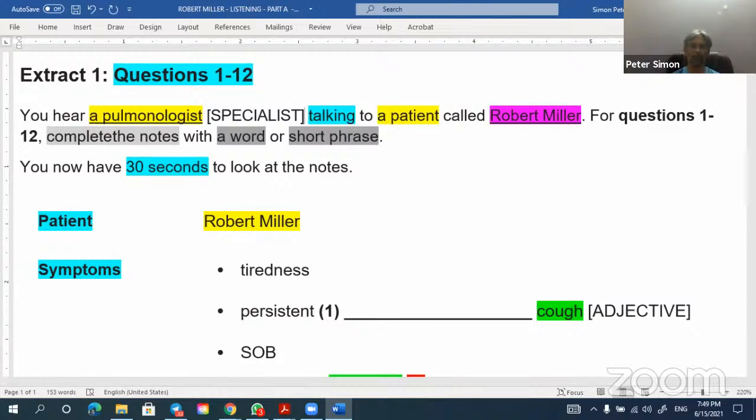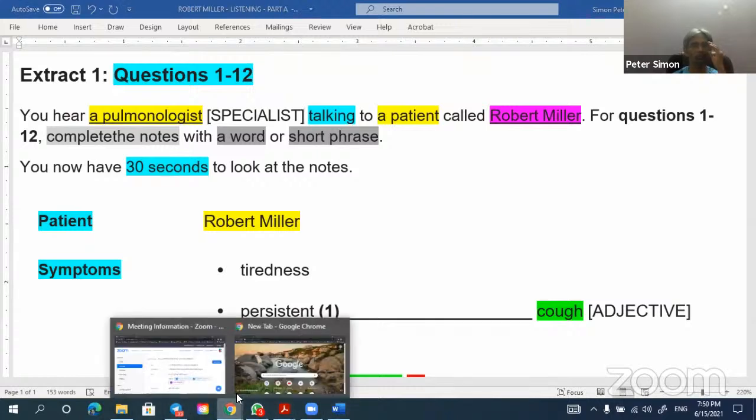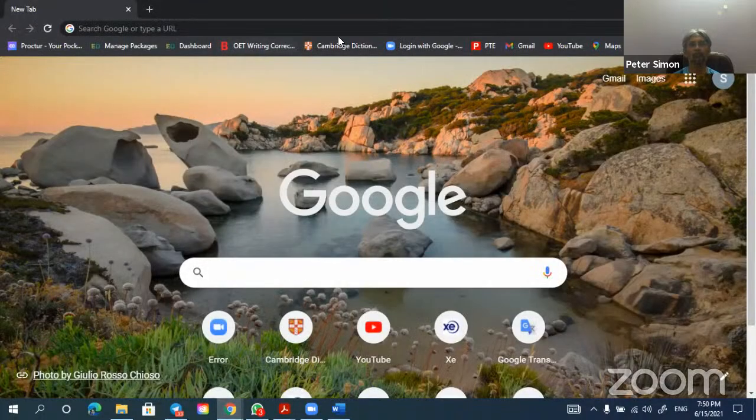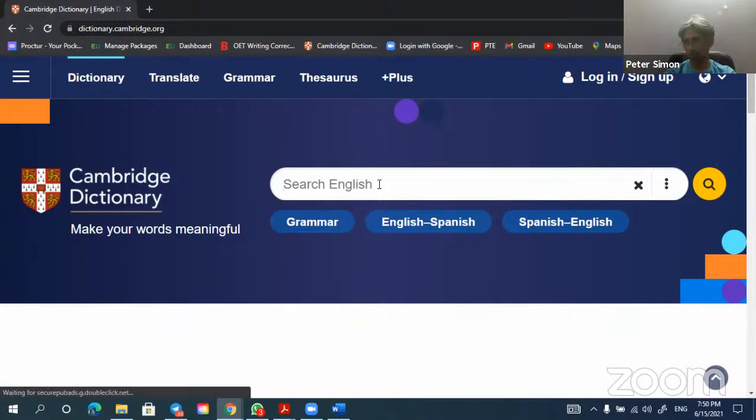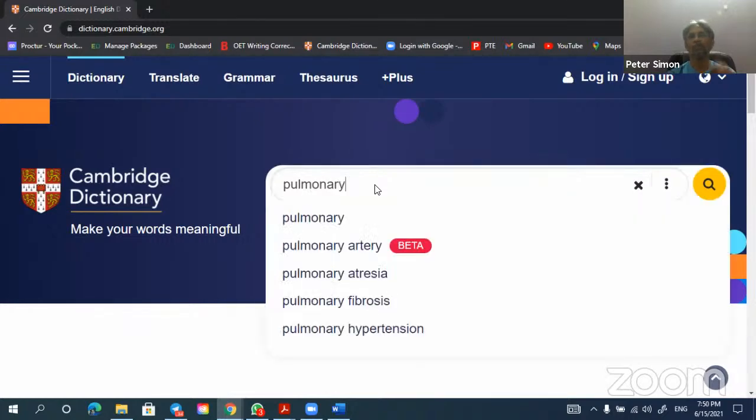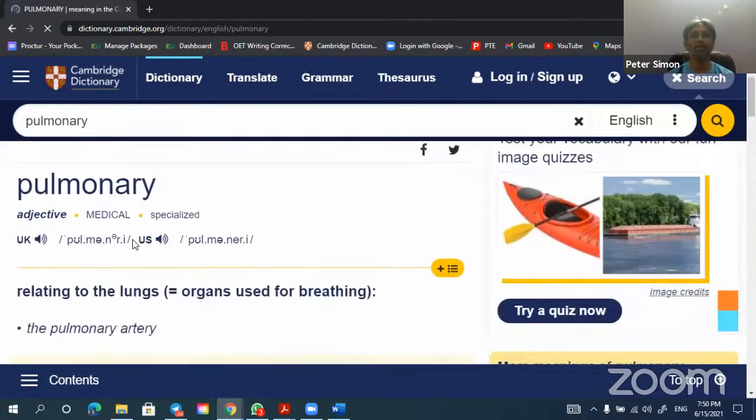Okay, now pulmonary means related to what? Pulmonary is a medical word and a specialized word. If in your test you want to use it, you can use this word, pulmonary.